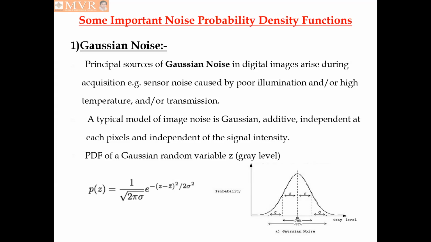The probability density function of a Gaussian random variable Z, where Z indicates output gray level, is P of Z equal to 1 by square root of 2 pi sigma, e power minus of (Z minus Z bar) whole squared by 2 sigma square.